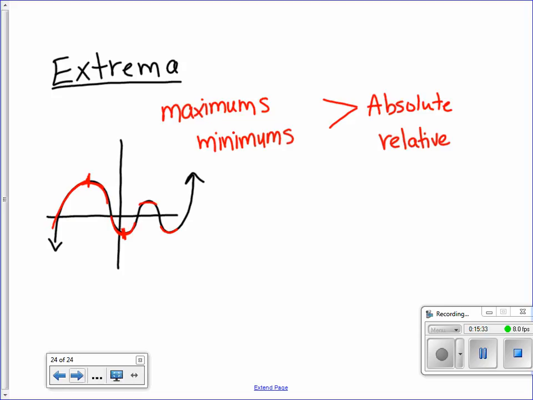A relative maximum or a relative minimum is the highest or the lowest point if you're just looking at a certain section. Okay? So if I was just looking here, that is my relative maximum. If I'm just looking at this section right here, that's the highest point for that section, right?